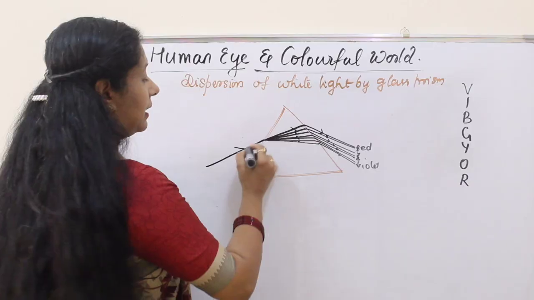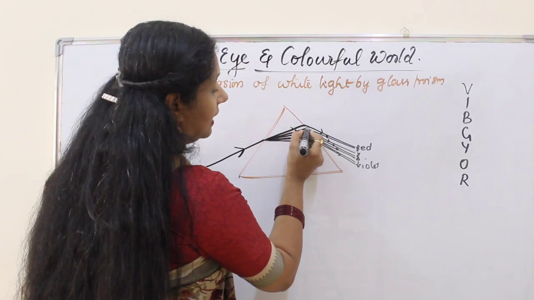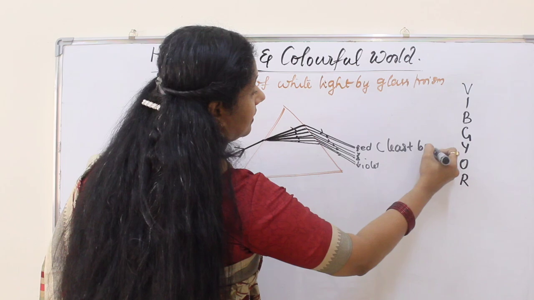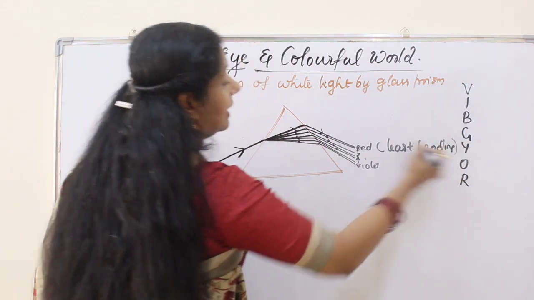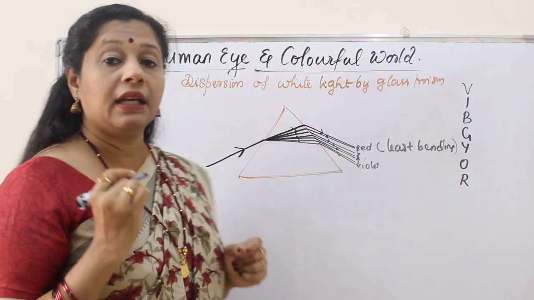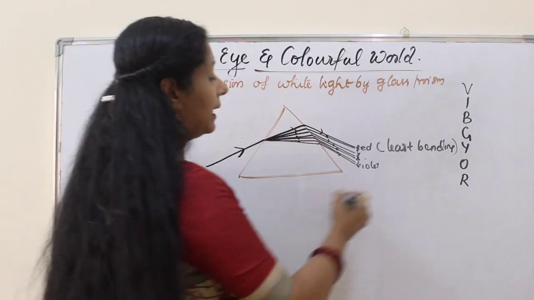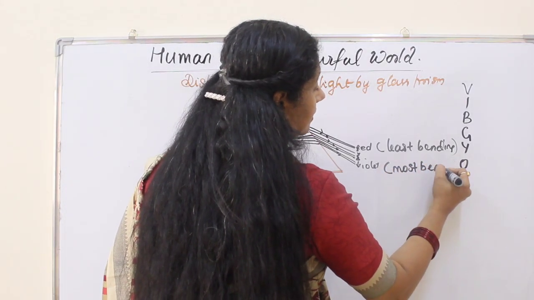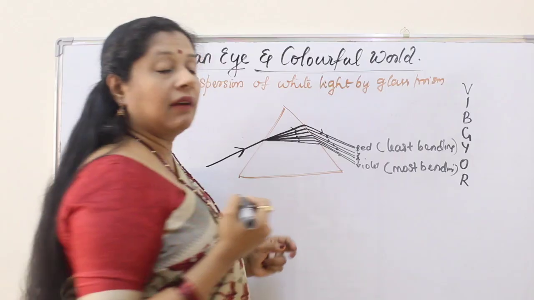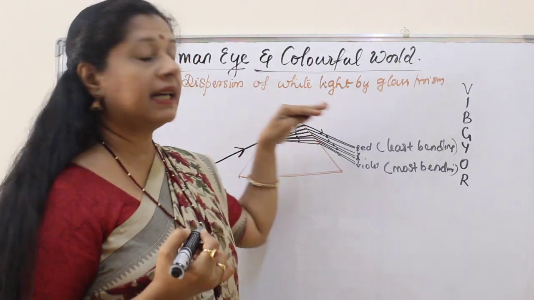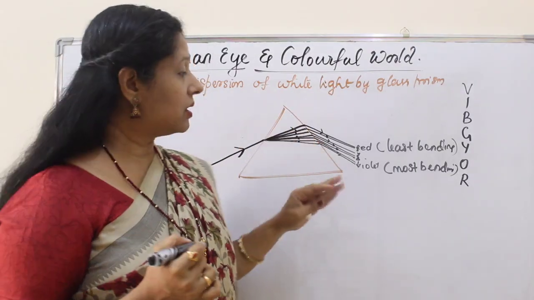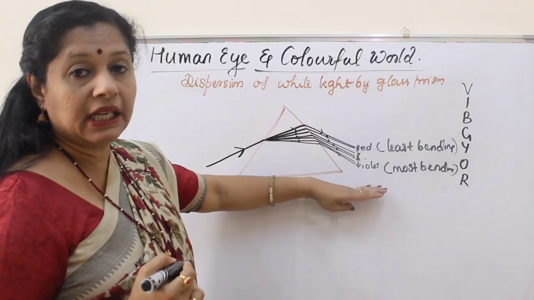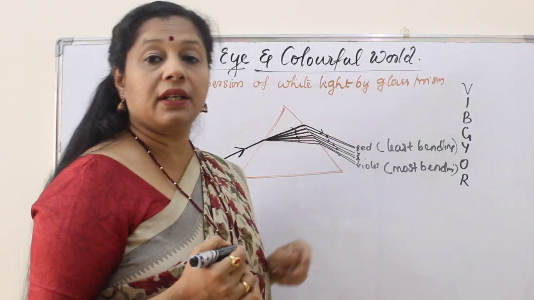Because when it is passing through this, red is bending the least. The least bending happens to the red light, whereas violet bends the most. Violet is bending the most, red is bending the least. Because of that, violet comes towards the base of the prism, whereas red is on the top.